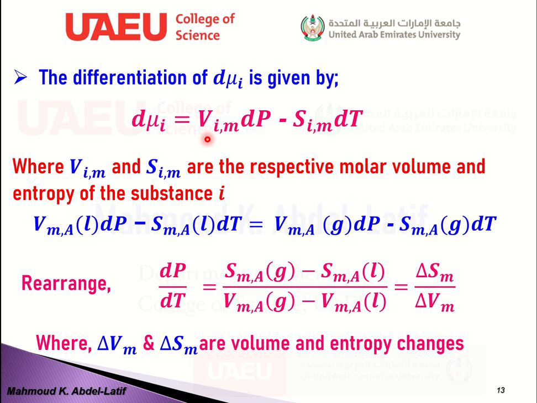It will be Vm dP minus Sm dT, where Vim and Sim are the respective molar volume and molar entropy of substance i.